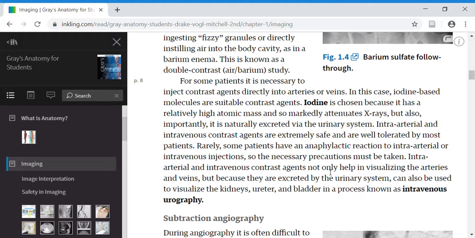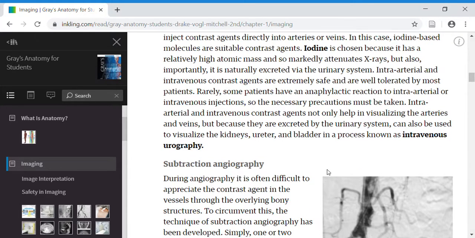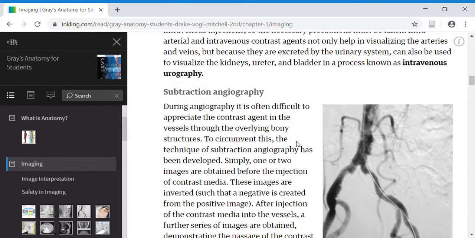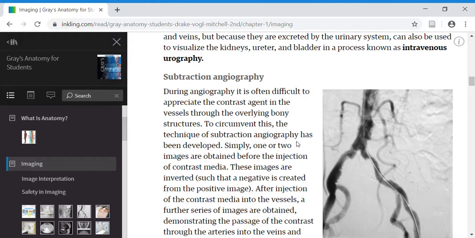There is also something called intravenous urography, where you inject these contrasting agents, mainly to visualize the ureters, bladder and kidneys, and we call that intravenous urography.